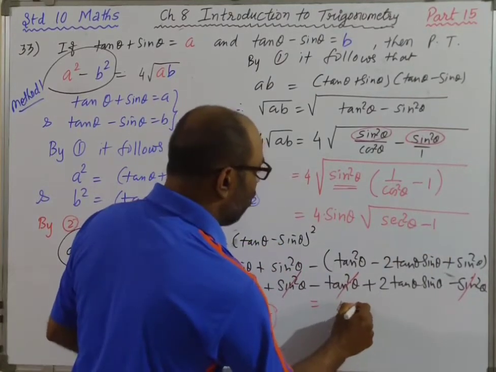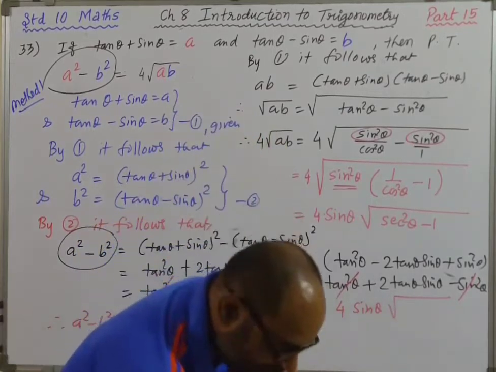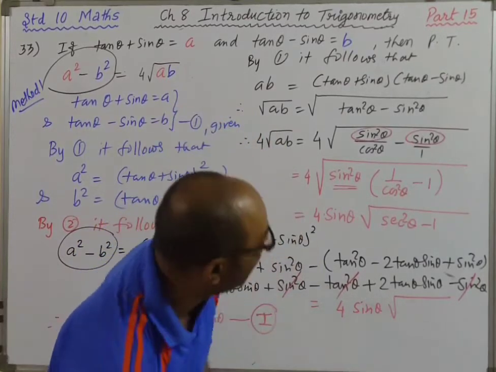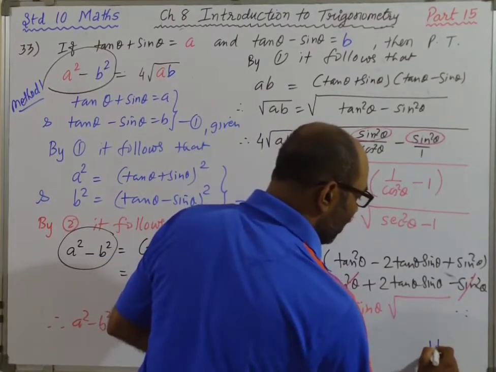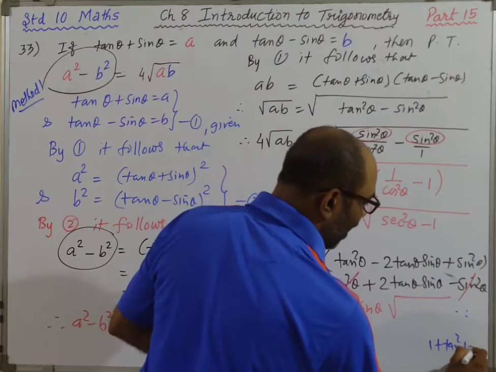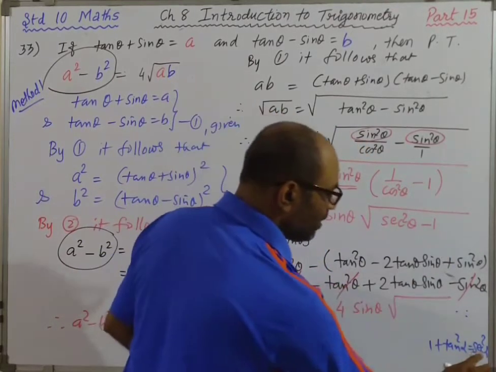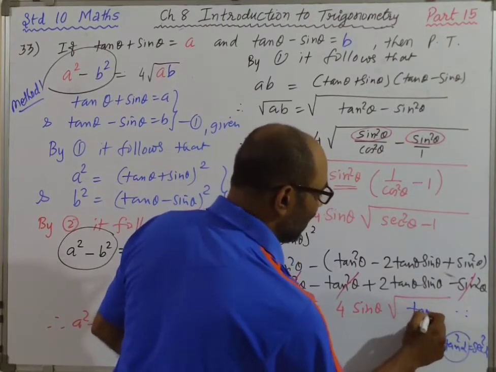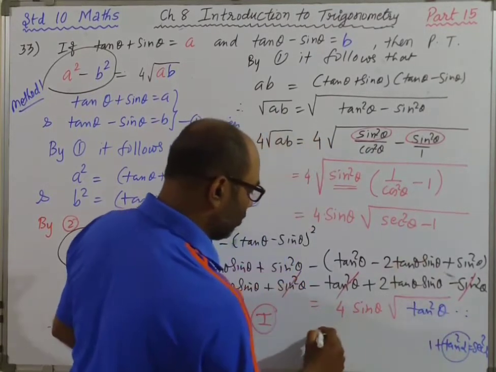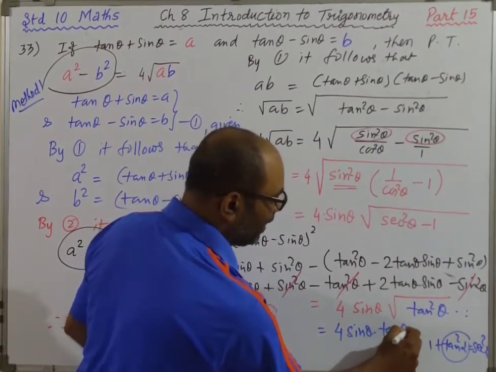That is equal to 4 into tan theta into square root of. याद करो children, because 1 plus tan square alpha is equal to sec square alpha. So sec square minus 1 is what? Tan square. So this is tan square theta, square root gone. So 4 into sin theta into tan theta.